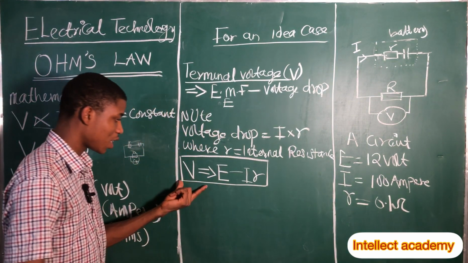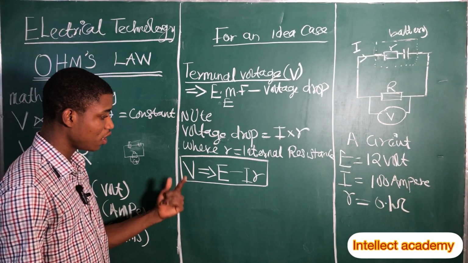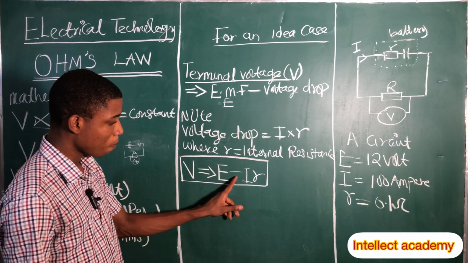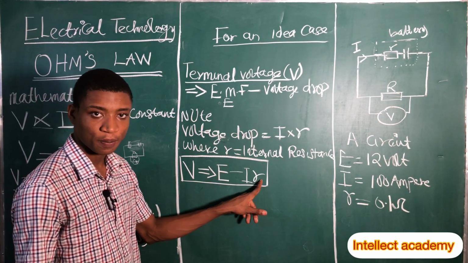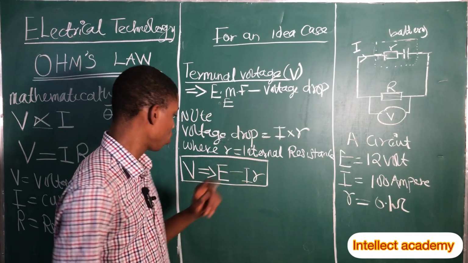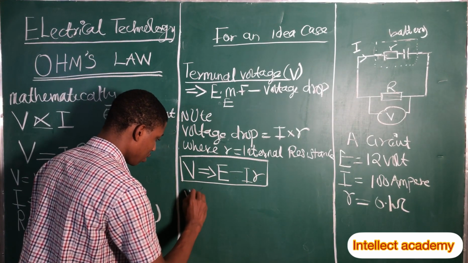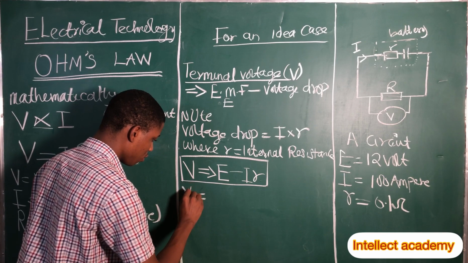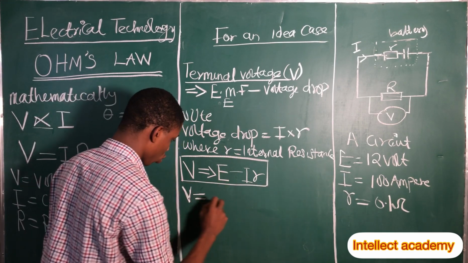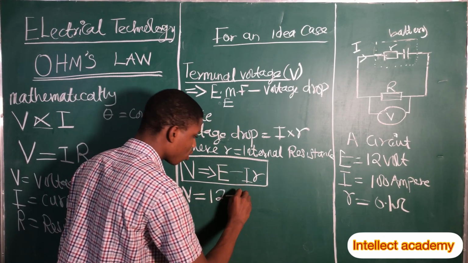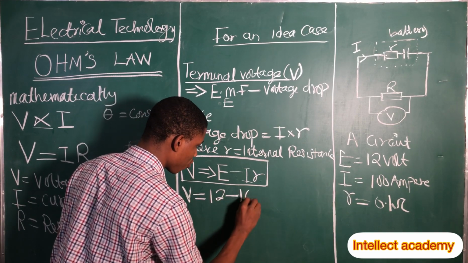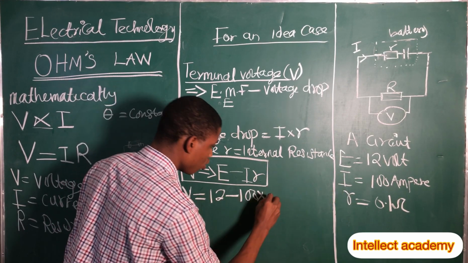We said that the terminal voltage V is equal to the EMF minus the current multiplied by the internal resistance. So we have V equals the EMF, which is 12, minus the current, 100, multiplied by 0.1.